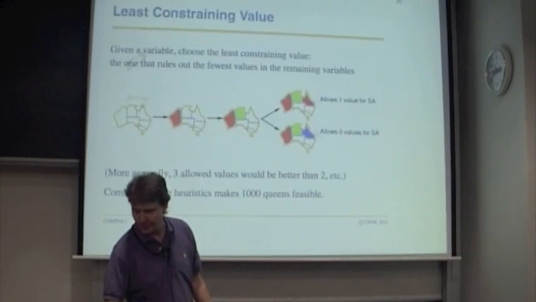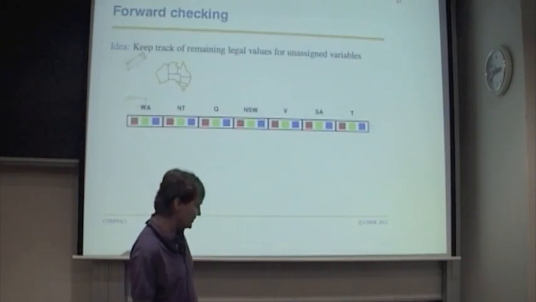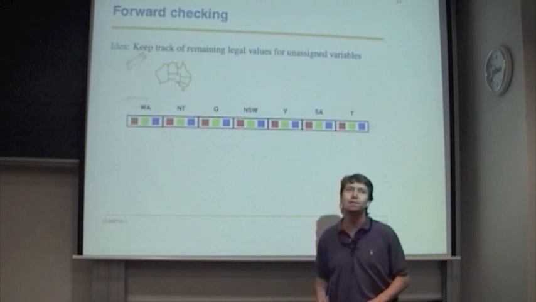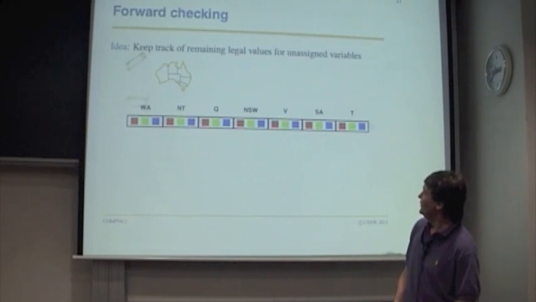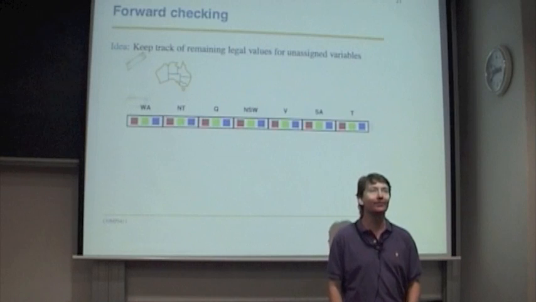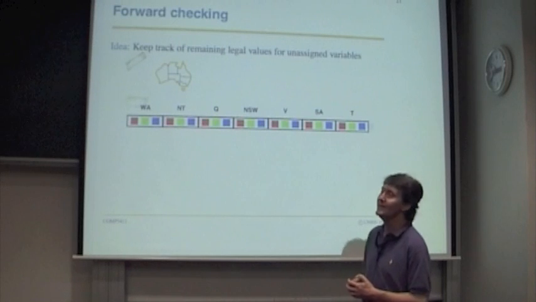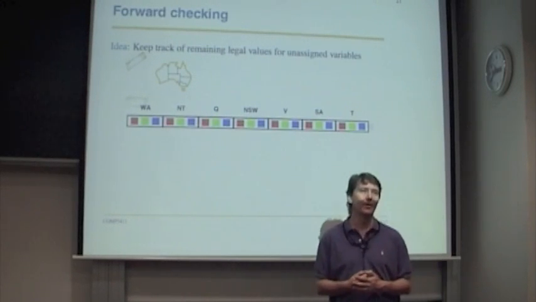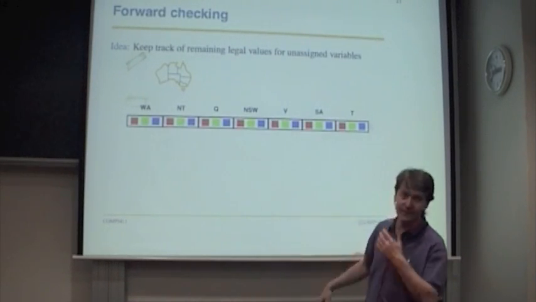Now how would you go about implementing something to make these choices? One method is called forward checking. You set up a data structure which keeps track of all the remaining legal values for unassigned variables. At the beginning, everything is legal.